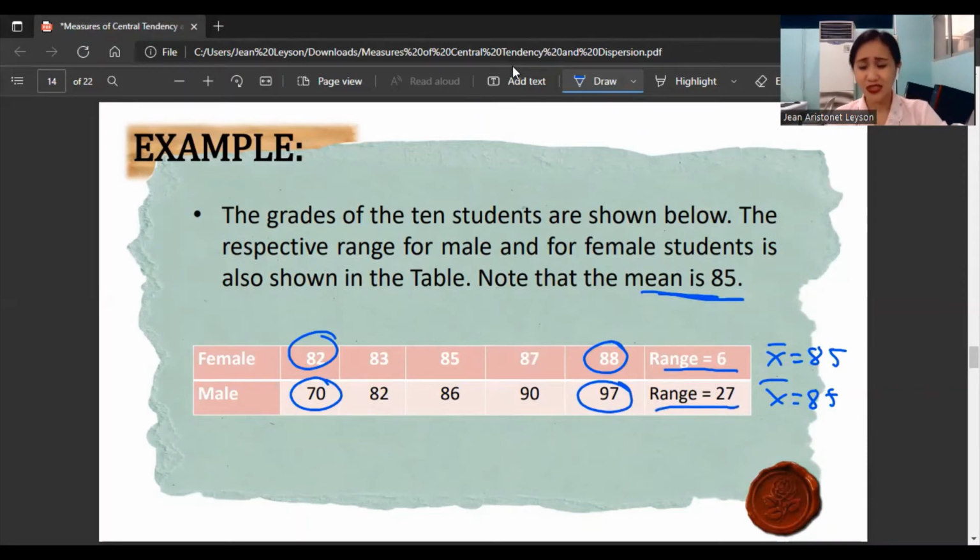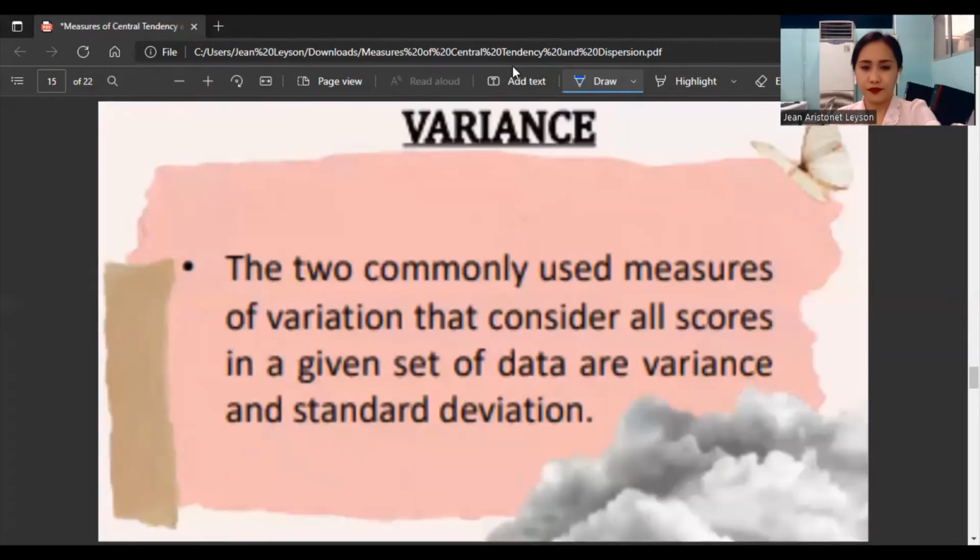Now, what does this mean? It means that the grades of the male students are farther from each other compared to the grades of the female students, which can be seen based on the given table.